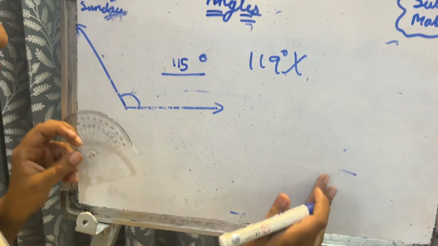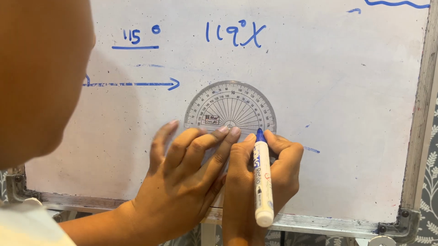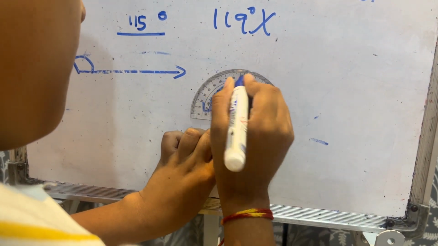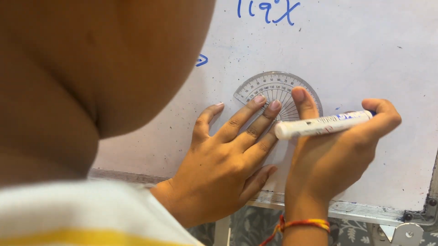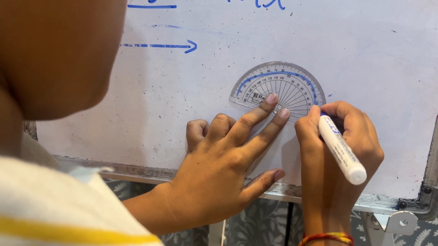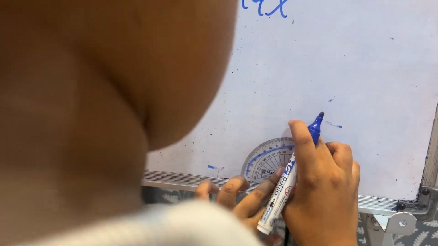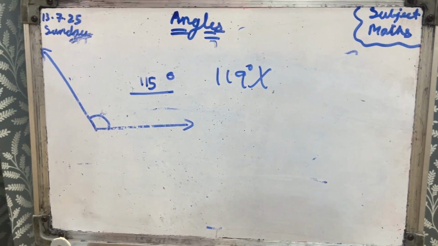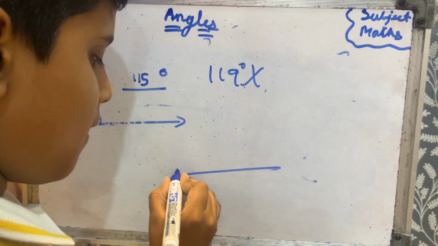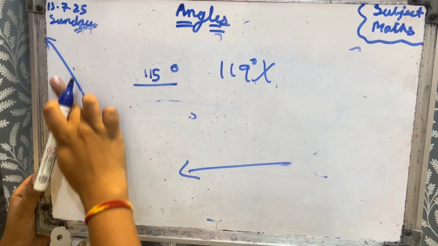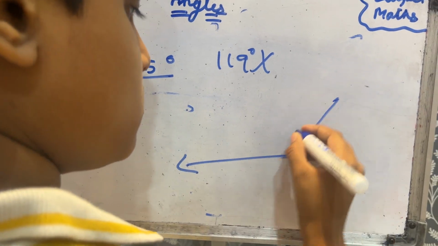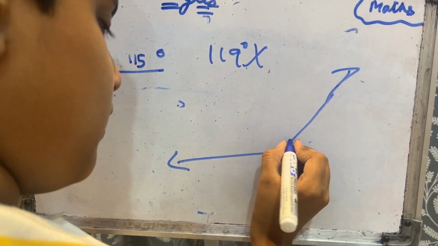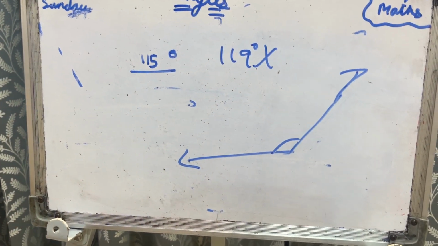And now I have told you about the angle from here to here. Now we will do the angle from here to here. It means they are both the same, but only the directions are different. If you get an exam question to measure this angle, how do you measure it?